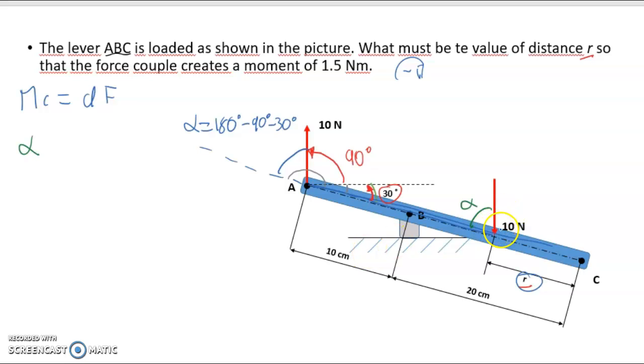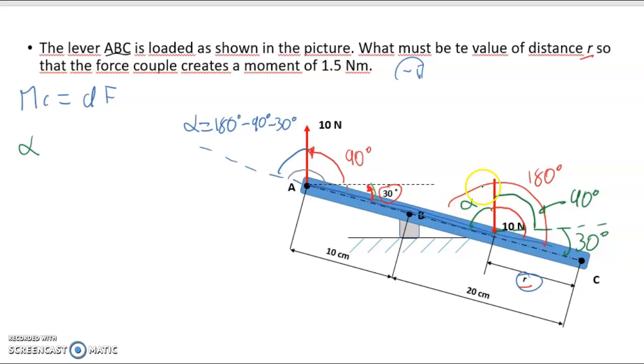It would be exactly the same if I work from here. If we work from here, side to side, we will have 180 degrees. I know that this one is 30 degrees. There must be an angle of 30 degrees in here, and this one right here is 90.